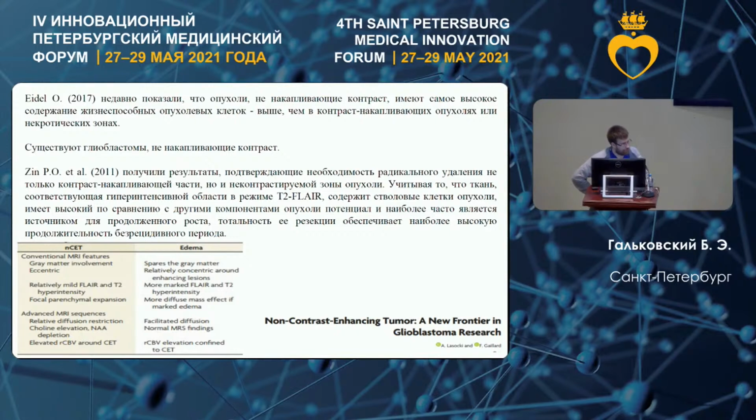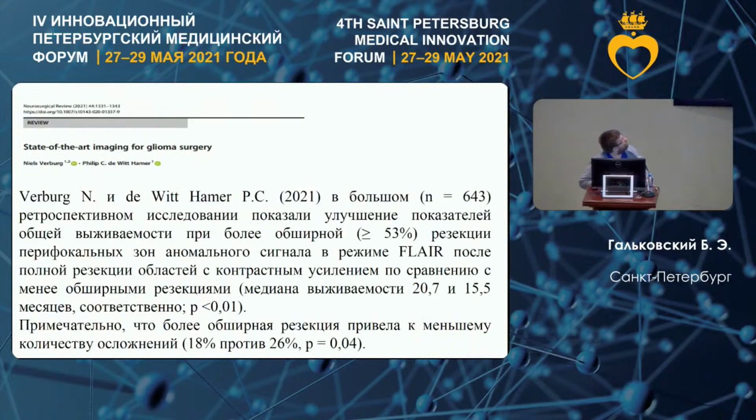Glioblastomas exist that do not accumulate the contrast, and there are contrast non-accumulating zones in glioblastomas. They exist, while the number of live tumor cells in these zones is much higher than in the other areas. And if we remove these zones, that's good for the survival of the patients. So a big study was conducted. They studied a bigger resection of the contrast non-accumulating zones as well.